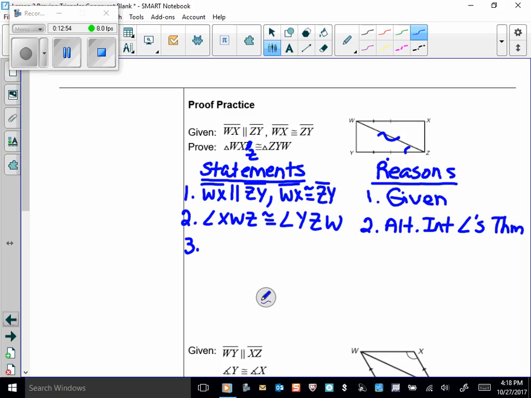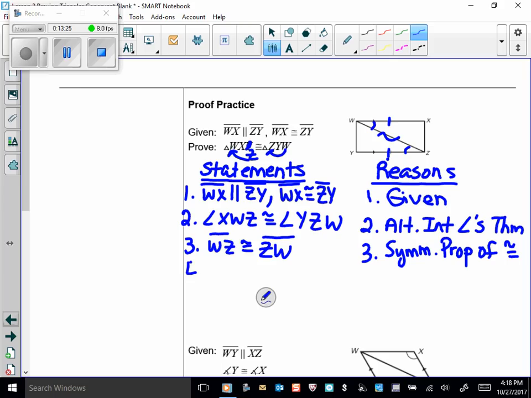So now that's where I got to get this side right here, right? Because then I'm going to have side, angle, side. So let's do this. I can see that I go from Z to W in this one and W to Z in this one. So I got to say WZ is congruent to ZW. And the reason, like I just told you, is going to be symmetric property of congruence.